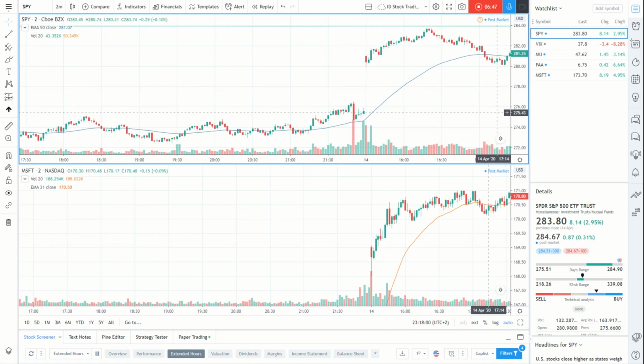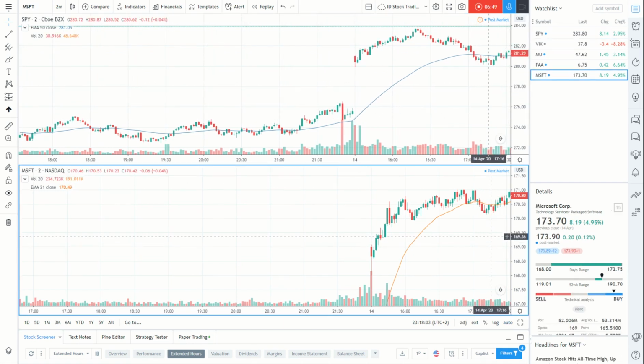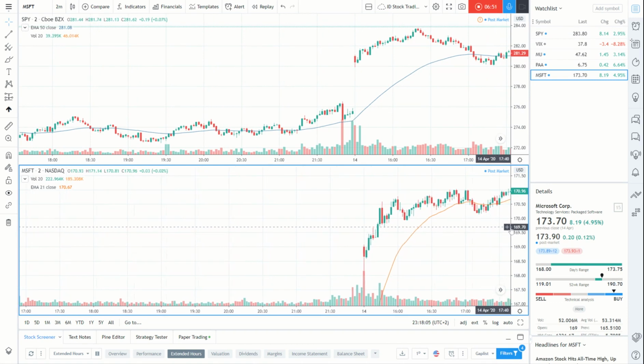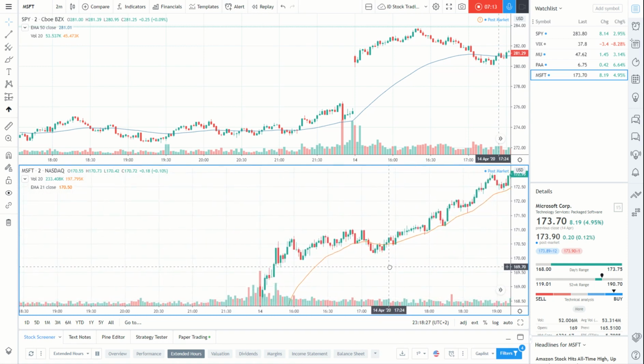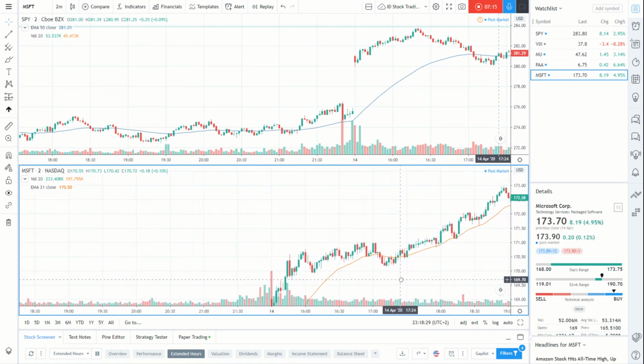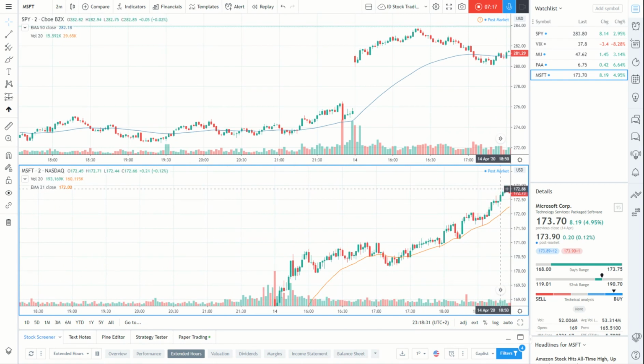And actually this was confirmed at around there. So you can see the market is still really down from the highs, but the Microsoft is making new highs for the day. And at this point I entered a second long and rode it all the way to 173, or a couple of cents shy.